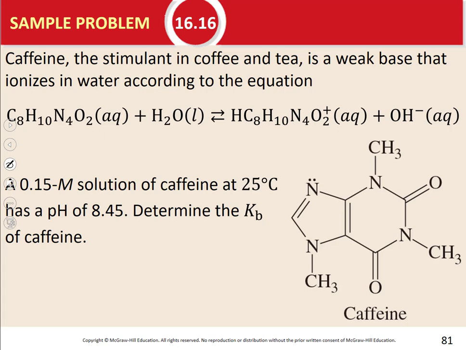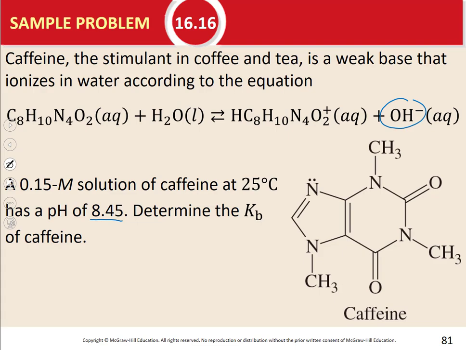A 0.15 molar solution of caffeine at 25 degrees Celsius has a pH of 8.45. Determine the Kb of caffeine. So we're going to do what we just did, but in reverse. So if this is my pH, then if I take 10 to the negative that, will that give me the concentration of hydroxide that I can put in my ice table? No. So before I do anything else, what should I do with this 8.45 pH?